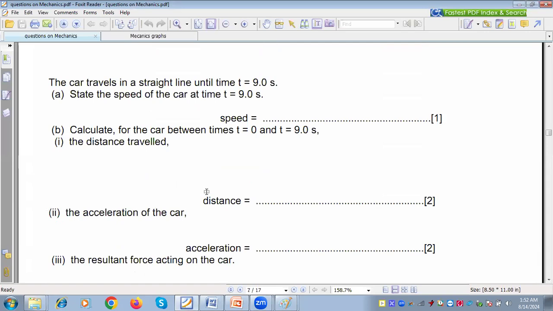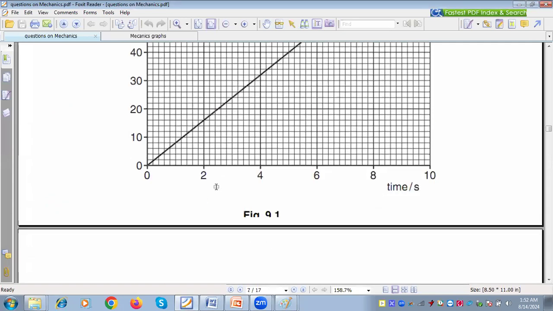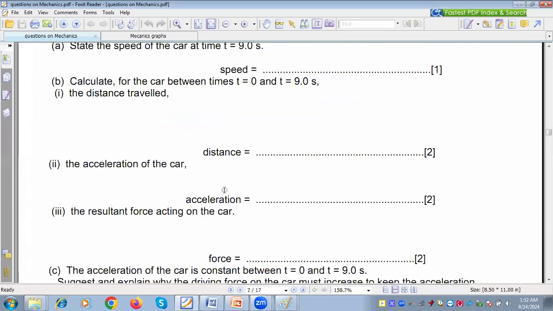Acceleration of the car: the final speed is 72, initial speed 0, so 72 divided by 9 means 8.